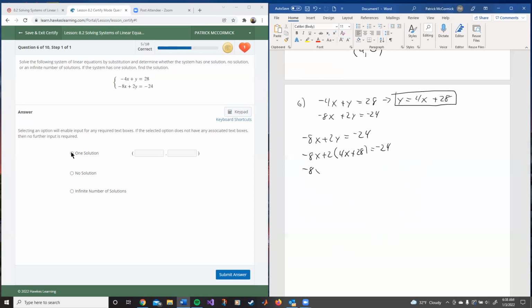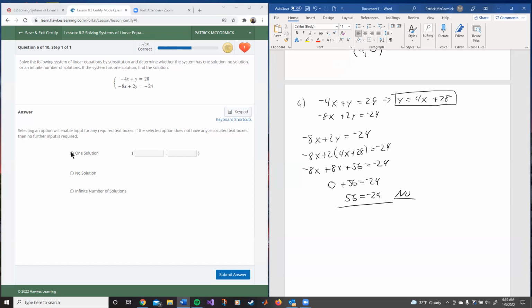Distribute that 2. 2 times 28, what is that, 56? Uh-oh, the 8x cancels, that's okay. So I get 0 plus 56 equals -24. Uh-oh, I got 56 equals -24. No, not today, right?